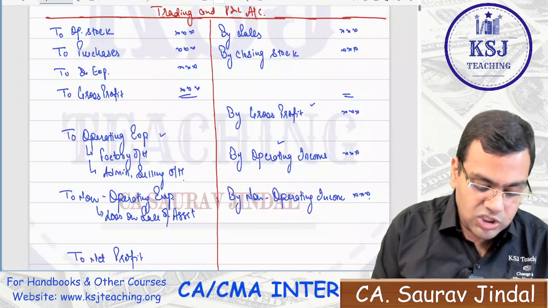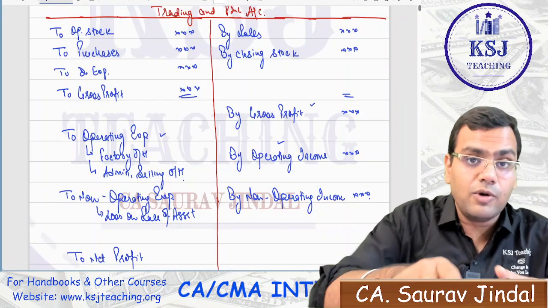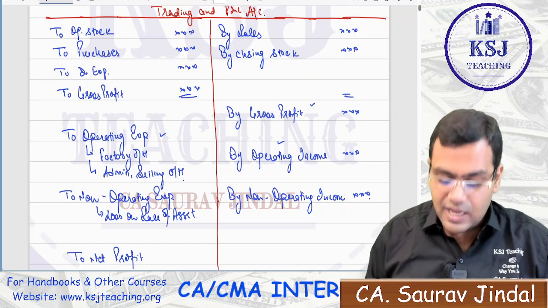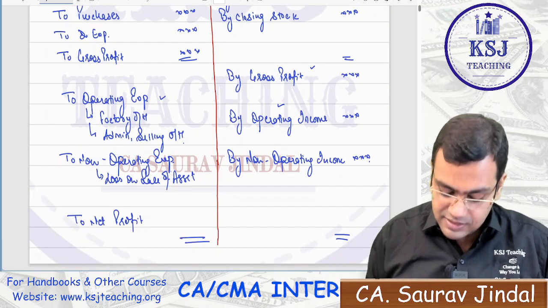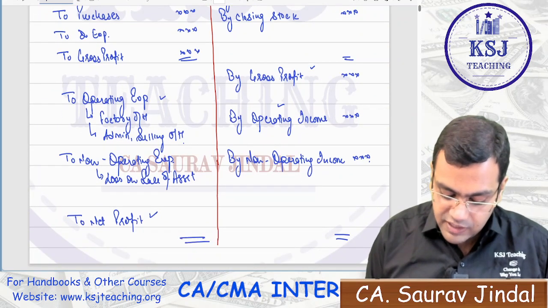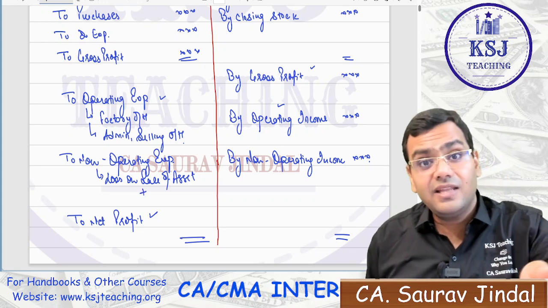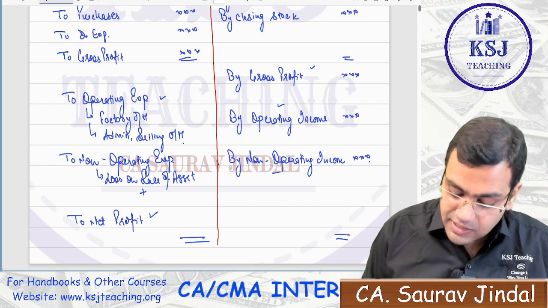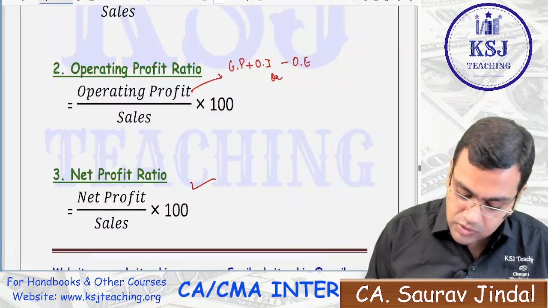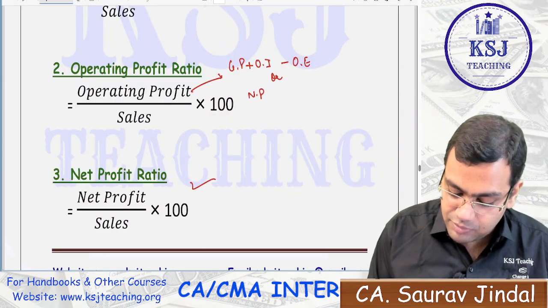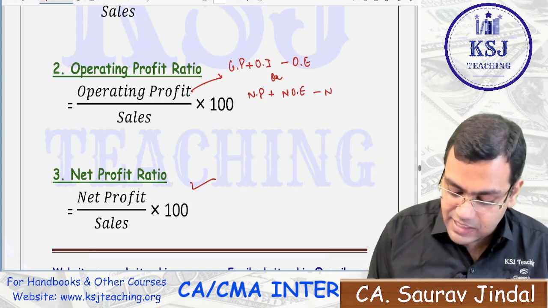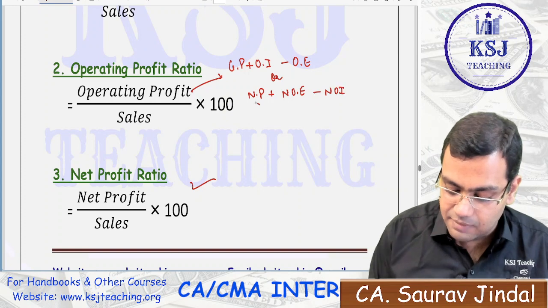Or if the GP is not given and net profit is given to you, how can you calculate the operating profit in that case? In the net profit, you will add the non-operating expenses and subtract the non-operating income. So we can also calculate it as net profit plus non-operating expenses minus non-operating income.